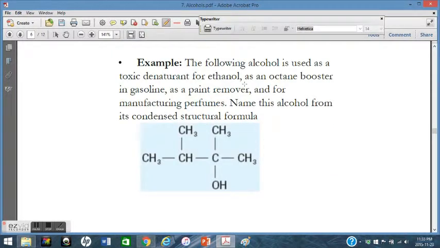Okay. So this alcohol is used as a toxin denaturant for ethanol. Now ethanol is the type of alcohol that you'd find in alcoholic beverages, and if a lab is going to buy, let's say 95% ethanol or 100% ethanol because they're using it for some sort of an experiment, 100% ethanol is actually, from what I recall in university, very hard for labs to buy.